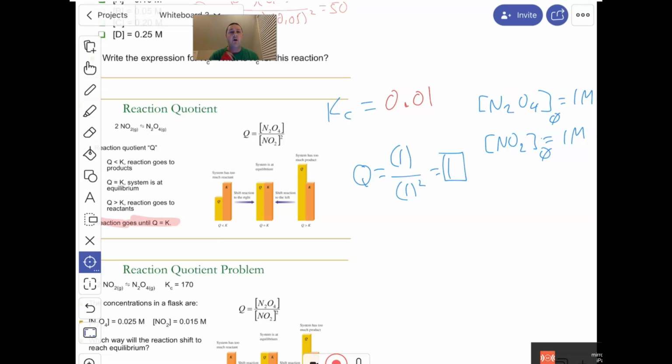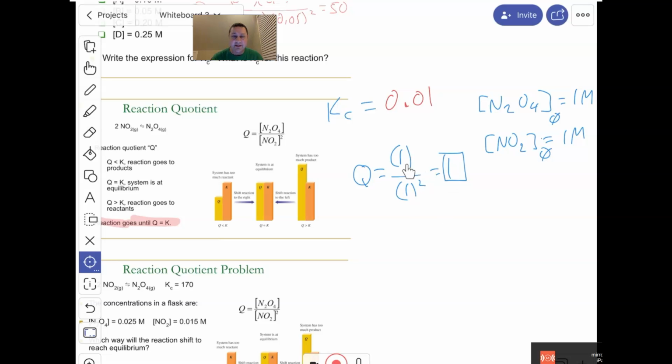Remember, the reaction is always going to go towards the actual equilibrium constant, whatever that is. Right now I'm greater than that equilibrium constant. The reaction is going to proceed to make this smaller. So how do you make numbers smaller? Well, you make the numerator smaller, and you also divide by larger numbers.